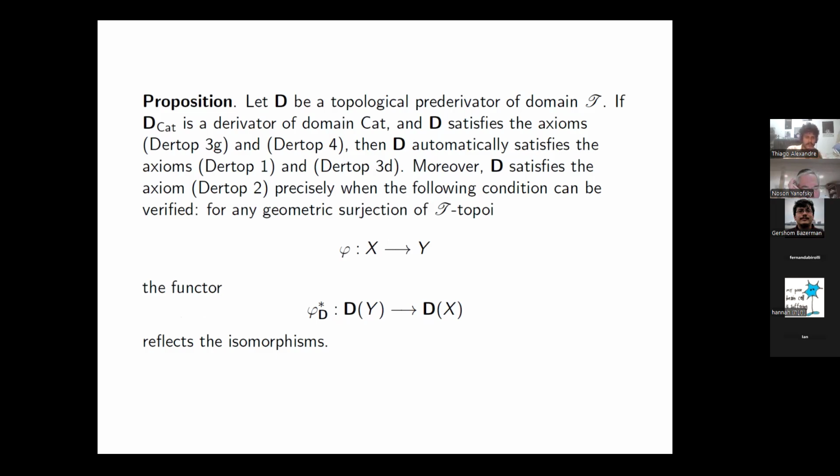So these conditions are preserved by a derivator. In some sense, D of X is a category of derived sheaves over X. So a topological derivator preserves this idea of derived sheaves, right?